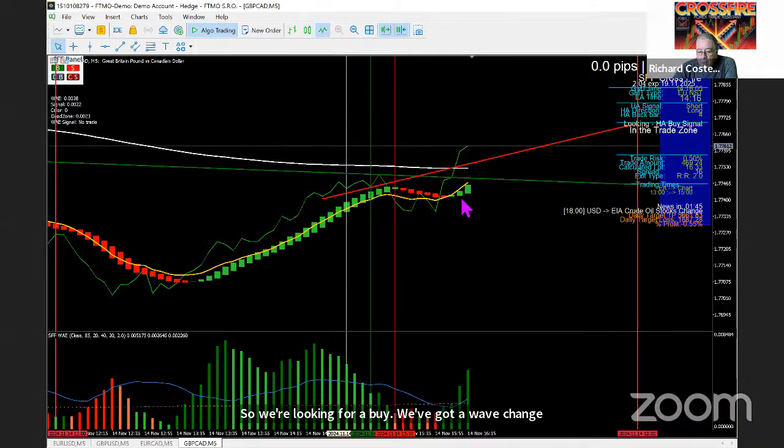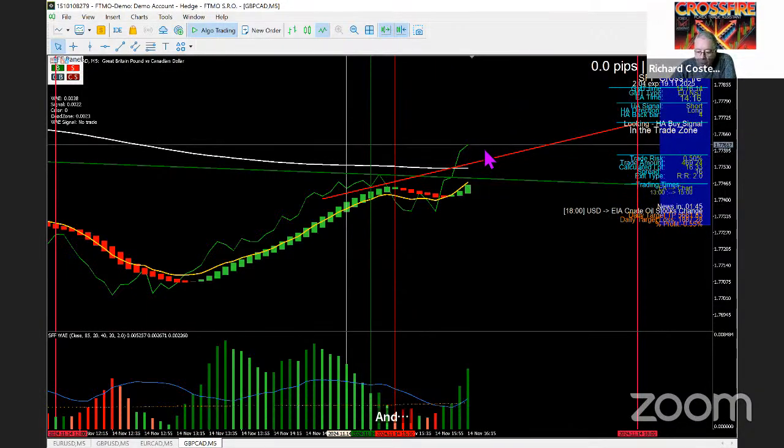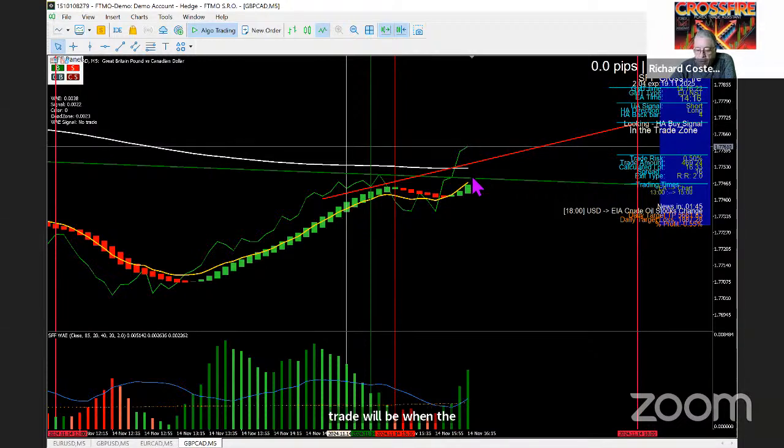We've now got a green upward wave. And a perfect Crossfire trade will be when the 13 moving average crossed over the 200 moving average. And if everything else was telling me to buy, my trading assistant would get in.